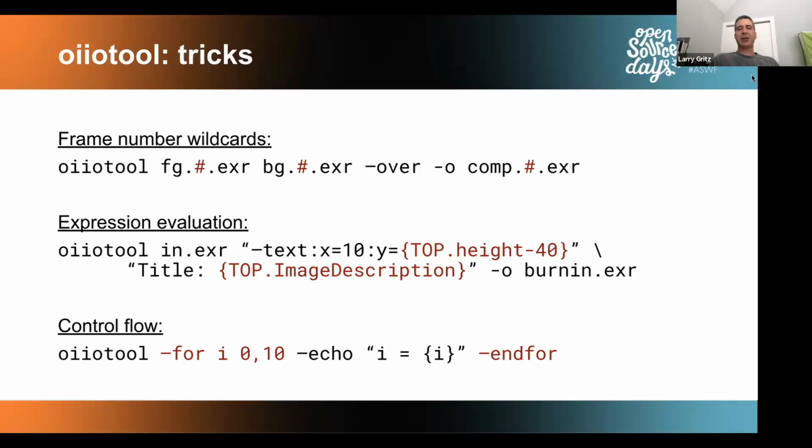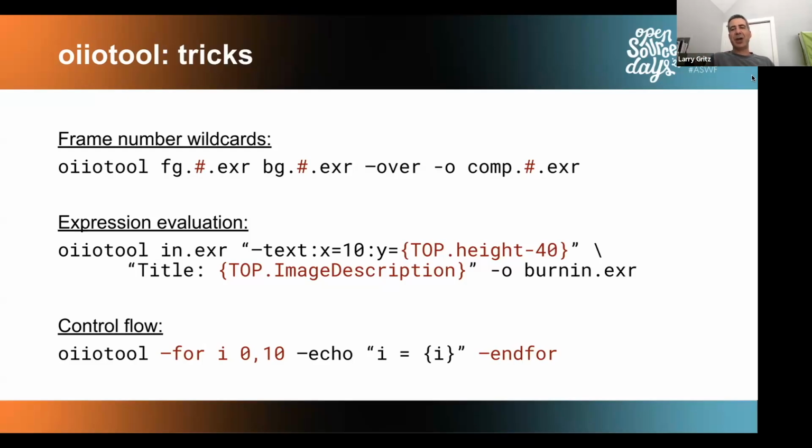It first loads this file in.exr. That becomes what we call the top of the stack. The text it's going to write is the image description metadata field that was in that file, and where it's going to put it, it can compute based on the resolution of the image to make sure that it's close to the bottom.